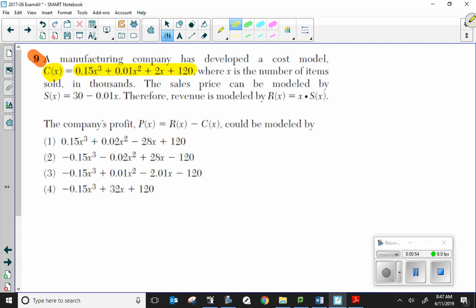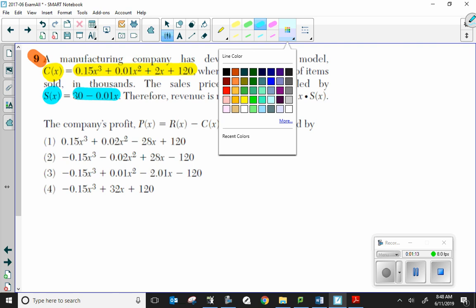The sales price can be modeled by S of X. That's the sales price, 30 minus 0.01x. Therefore, if I know cost and sales, I can get revenue.